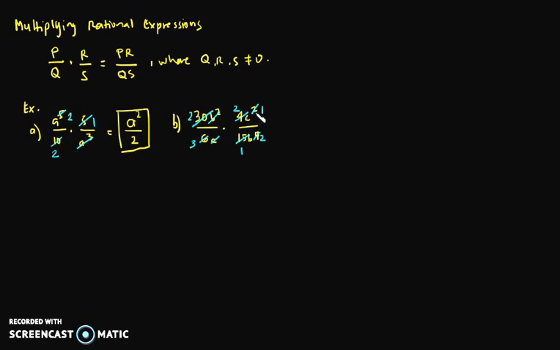Multiplying the remaining terms, that gives us 2 times 2 times c, so that is 4c over 3 times b squared, that gives us 3b squared. So this will be our final answer.